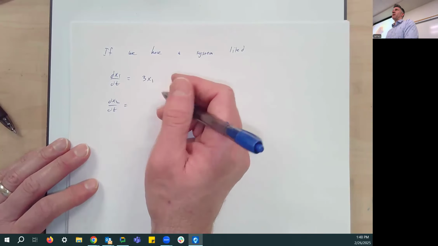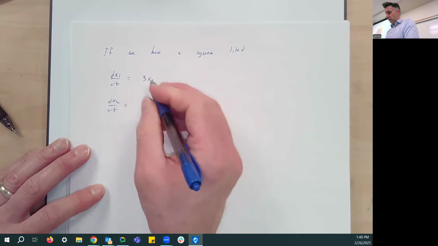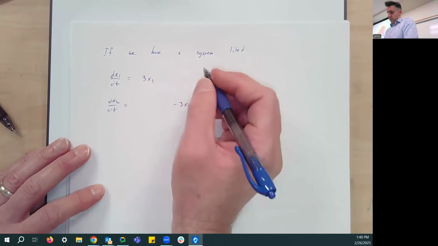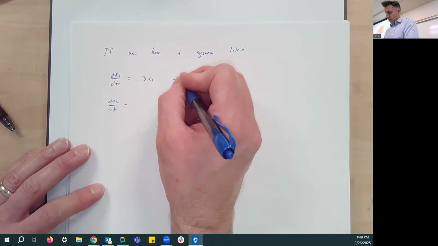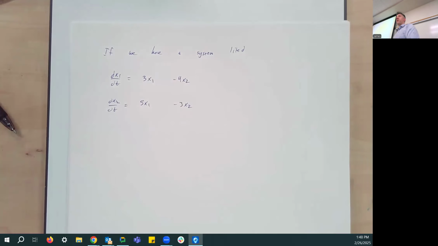Sorry, it always takes a minute to make these come out right. If we had a system of equations like this, and we want to find the solution and also talk about what it looked like, what I should really say is we want to talk about what the equilibrium looks like, whether it's a spiral, a node, stable, unstable, whatever.